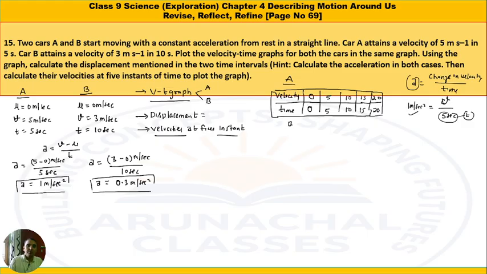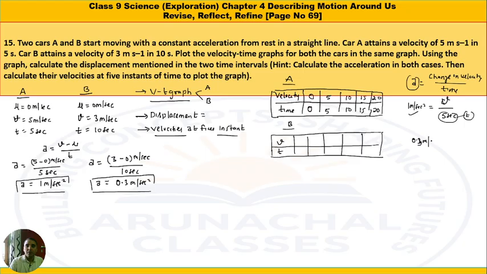For car B, let us make the table, velocity and time. Here the acceleration we have found is 0.3 meter per second square, equal to velocity upon time. When time is 0, velocity will be 0.